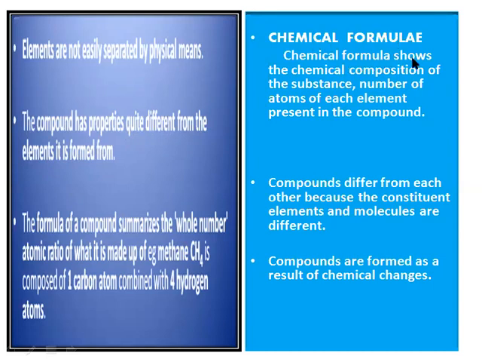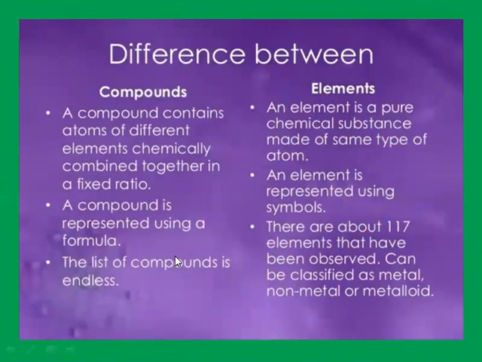A chemical formula shows the chemical composition of the substance, the number of atoms of each element present in the compound. The formula of a compound summarizes the whole number atomic ratio of what it is made up of. Example, methane gas, represented by CH4, where one carbon atom and four hydrogen atoms are present.